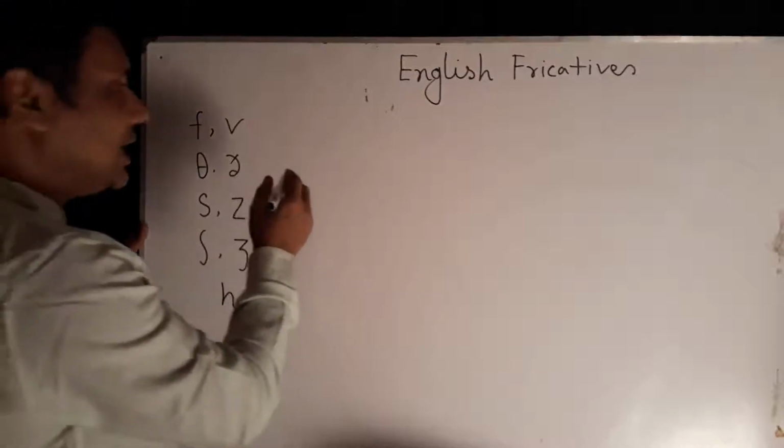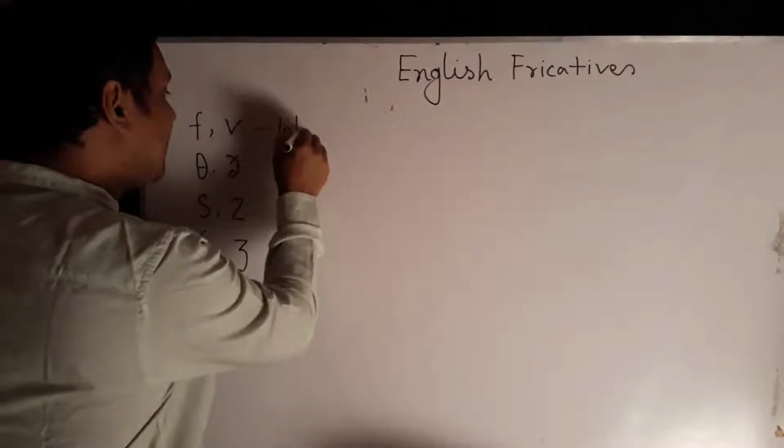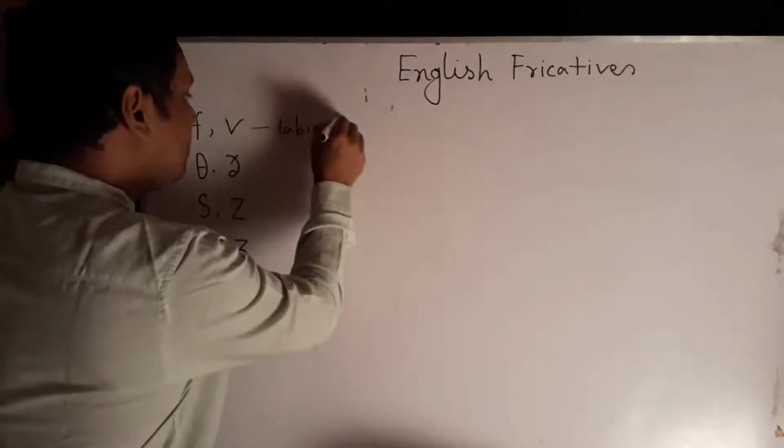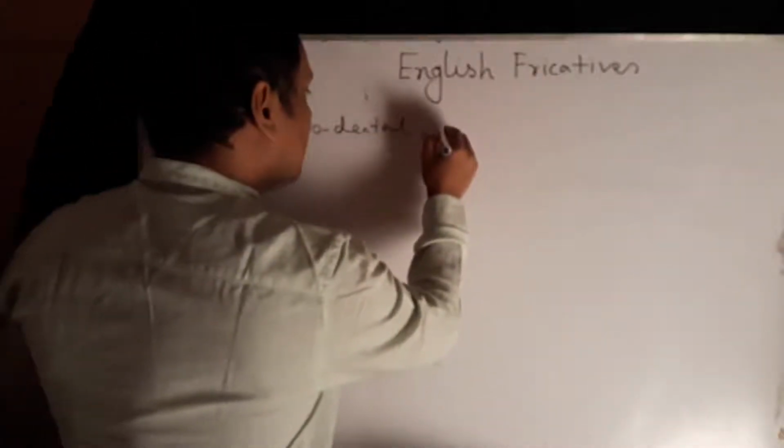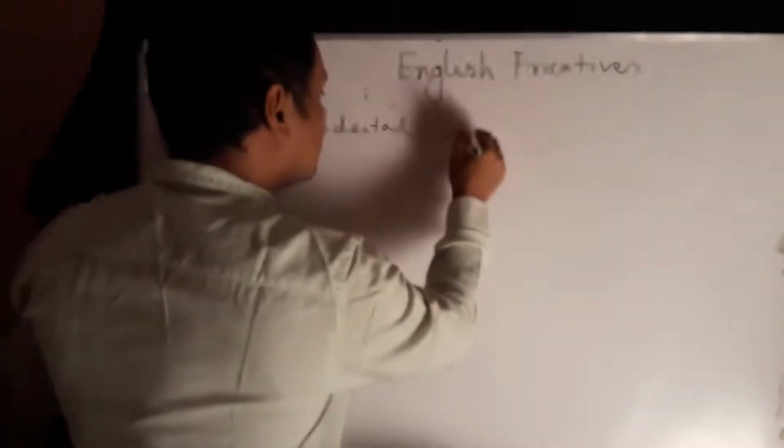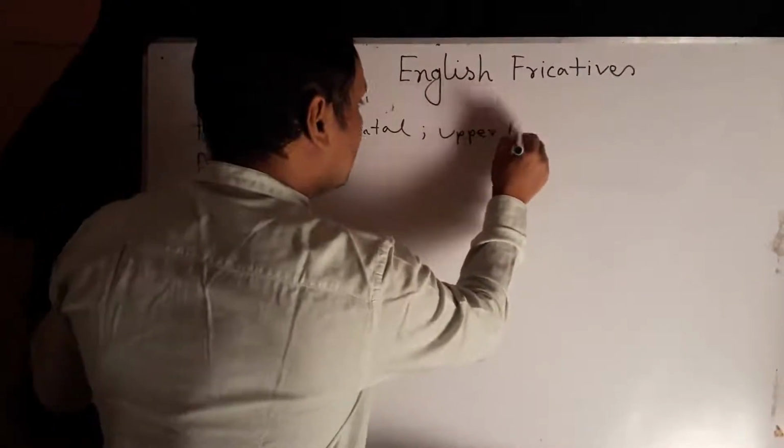According to the place of articulation, fa, va are labiodental, that is upper teeth and lower lip.